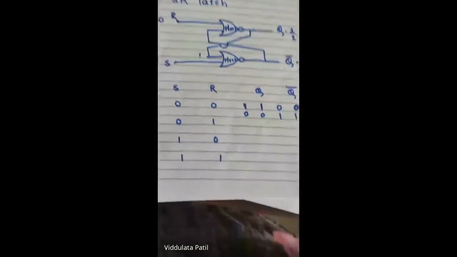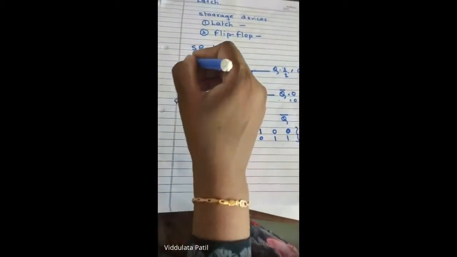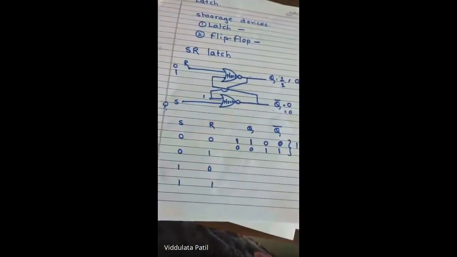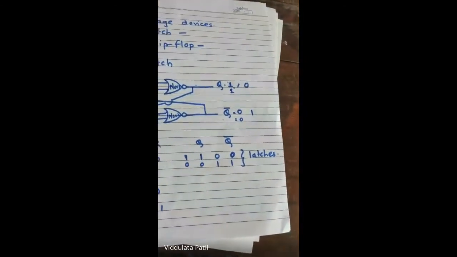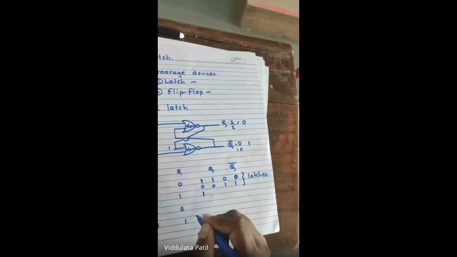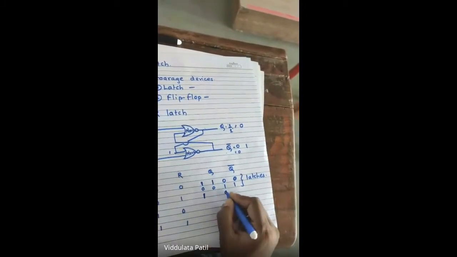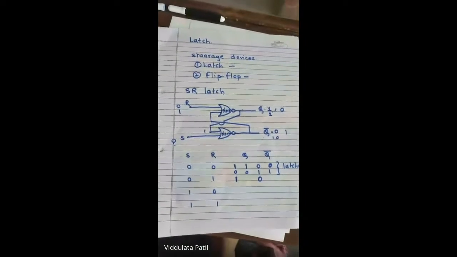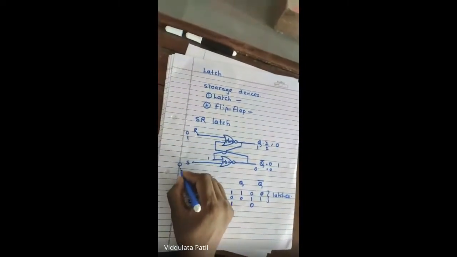Okay, now let us change this input. Now we will make S equal to 0 and R equal to 1. Now assuming that in the previous state Q was equal to 1 and Q bar was equal to 0. This is 1, this is 0.